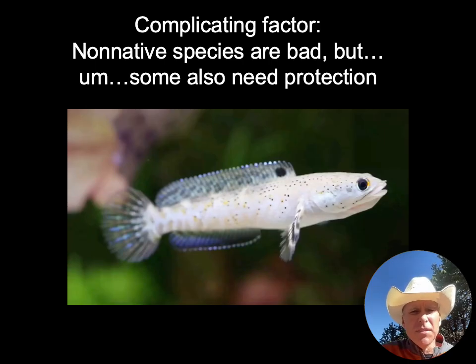Another complicating factor is that, okay, non-native species are bad, but in some cases they need protection in some areas, but not in others. So this is going to show you a turtle example where in some cases this turtle is a pest species. In another, it's a farm species that we eat.